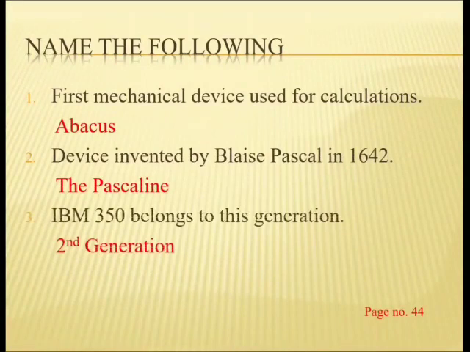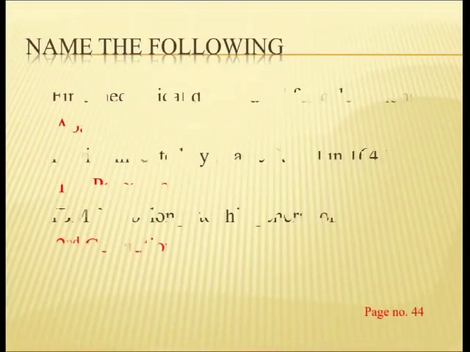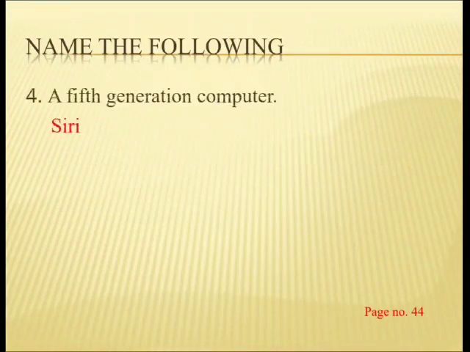Third is IBM 350 belongs to this generation. Answer is second generation. IBM 350 is the example of second generation computers. Fourth is a fifth generation computer. Answer is Siri.